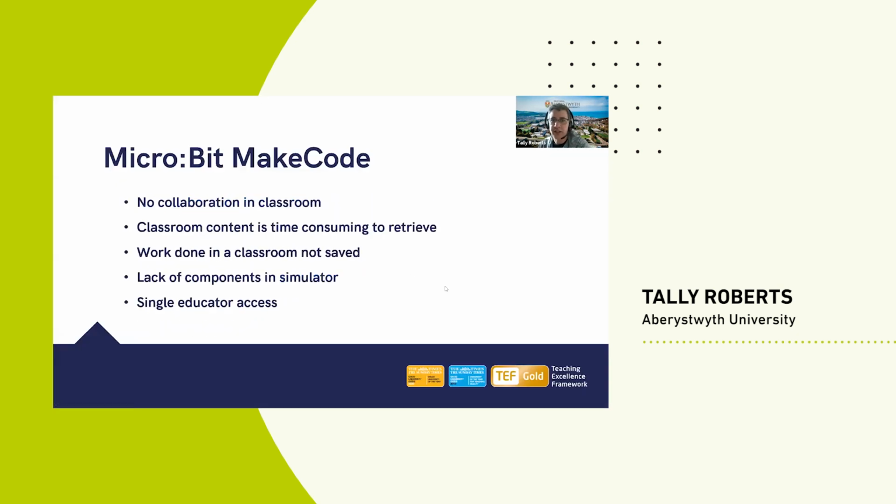Okay, so the disadvantages that we've come across for using MakeCode is there's no collaboration. You cannot live interact with the student's code. The classroom content can be time consuming to retrieve. The methods of saving the files are not as programs, it's as images in a Word document. So you end up having to shut all the students down, make sure they've all logged out of it.